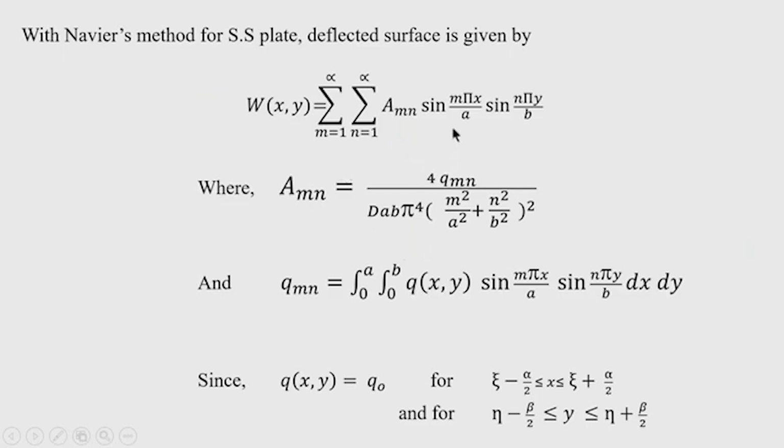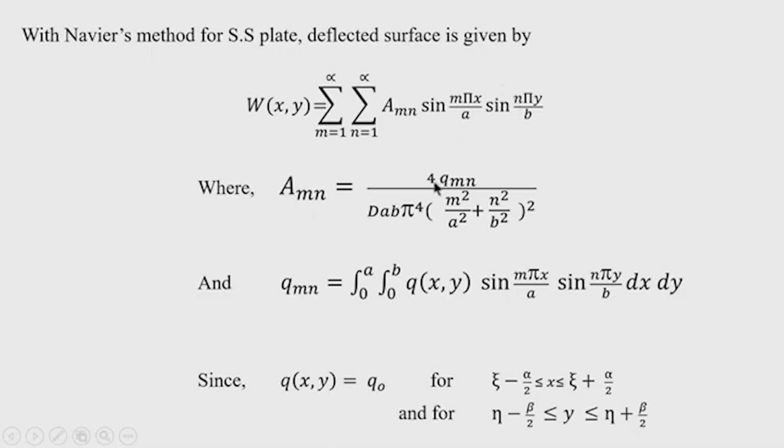Now, here Navier's method is taken again to find the exact solution, and W(x,y) equals Amn sin(m pi x by a) sin(n pi y by b). This is the deflected surface equation.